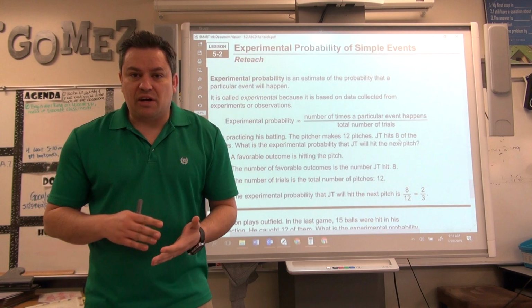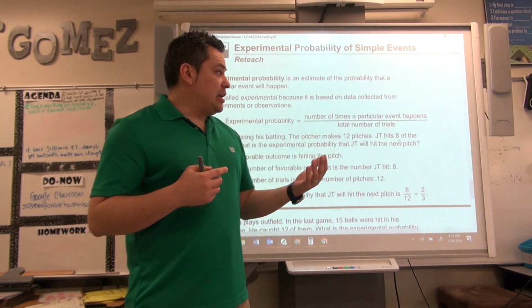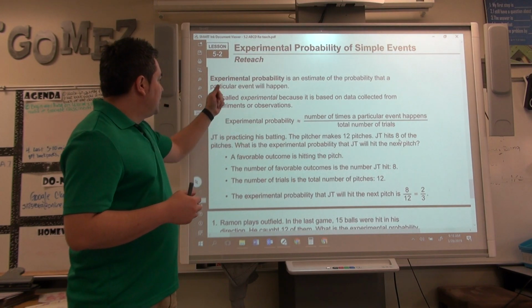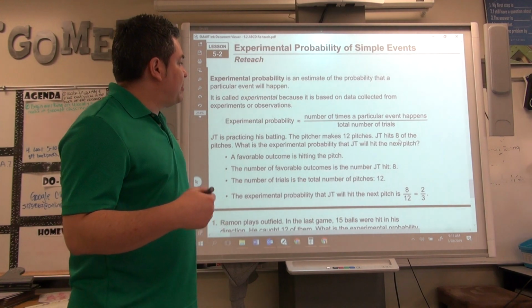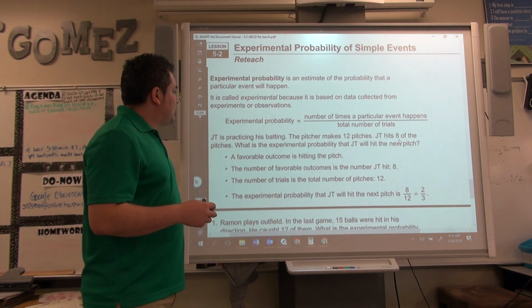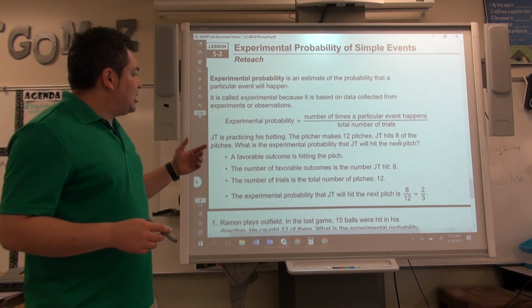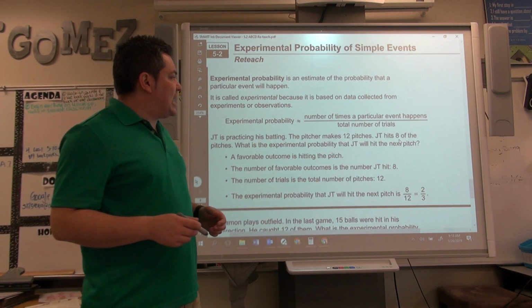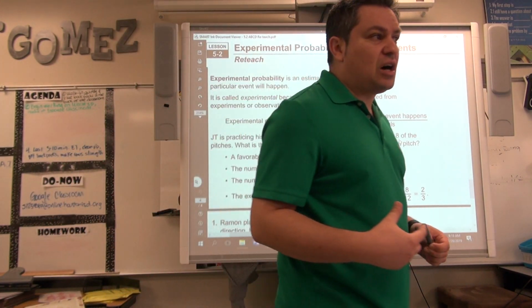The process is going to be the same thing. The math that we're going to do is going to be the same thing, and you can see by looking at this formula. First of all, experimental probability is an estimate of the probability that a particular event will happen. It's called experimental because it's based on data collected from experiments and observations, just like I just talked about.